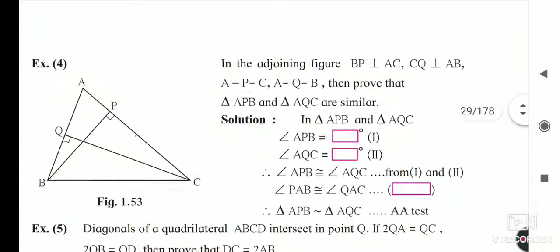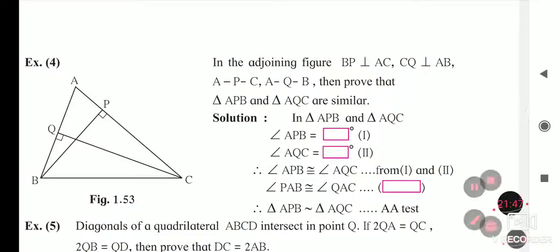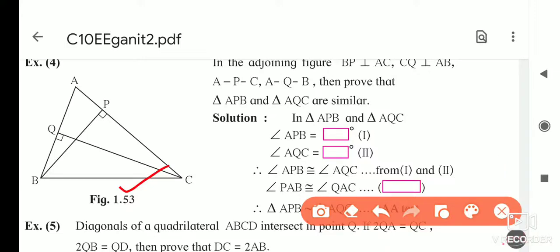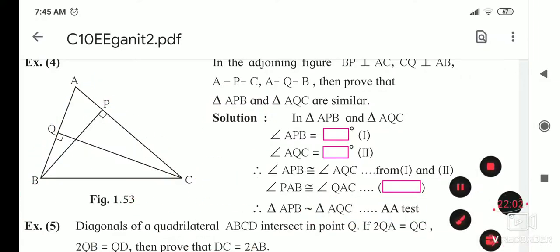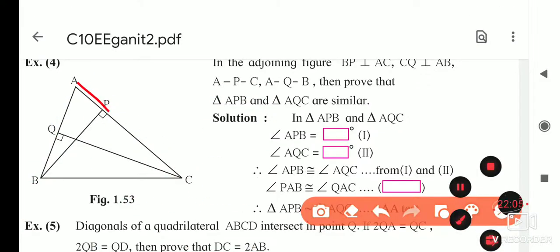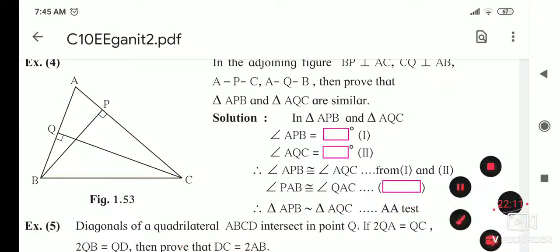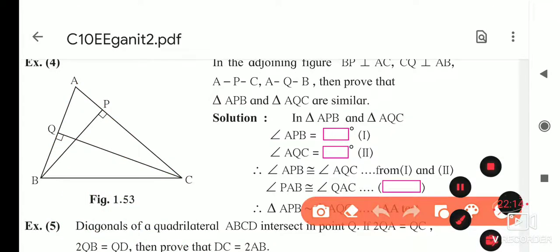this is the activity given. What is the question? In the adjoining figure, BP is perpendicular to AC, CQ is perpendicular to AB, and here they gave A-P-C, A-Q-B. We have to prove that triangle APB and triangle AQC are similar to each other. How can we show it? If you see here, it is a right angle and here it is a right angle.